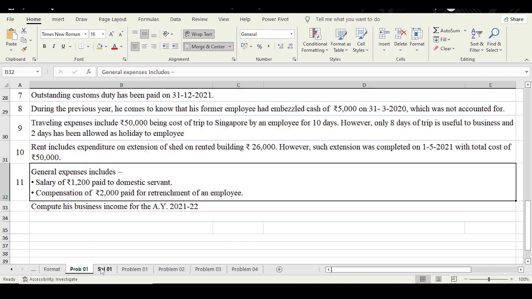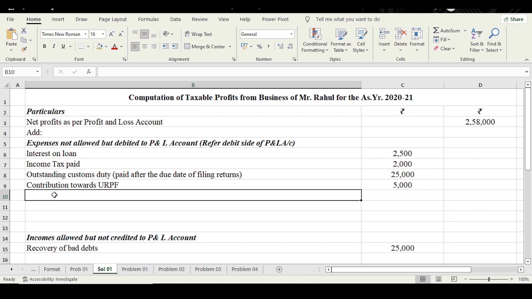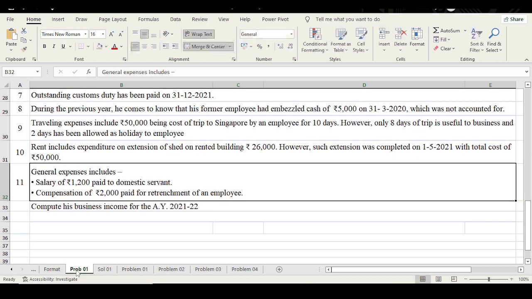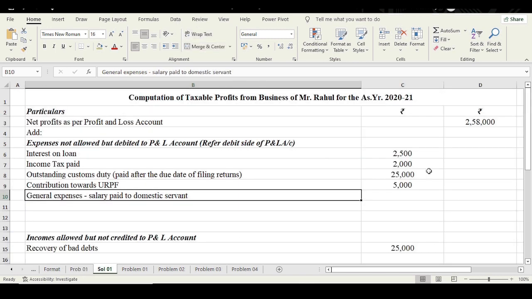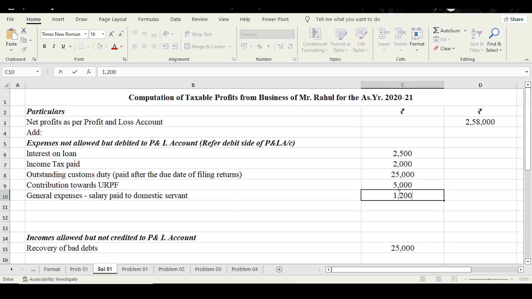So salary paid to domestic servant not allowed. Amount is rupees 1,200. To that extent, it is not allowed, and it is already debited to P&L account.